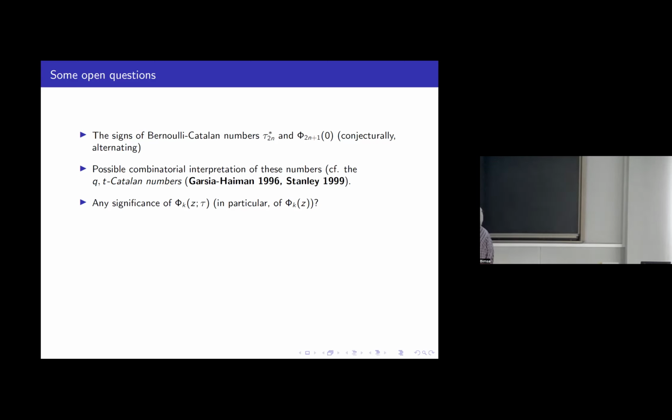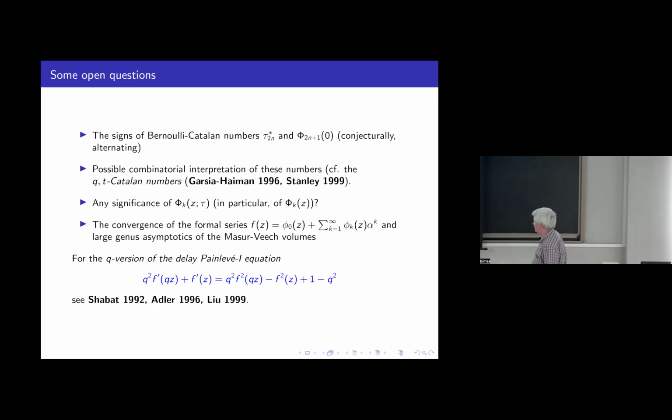So we saw that Q are related to the Masur-Veech calculation, but phi when tau is 0, or for other values of tau, maybe they're also important.